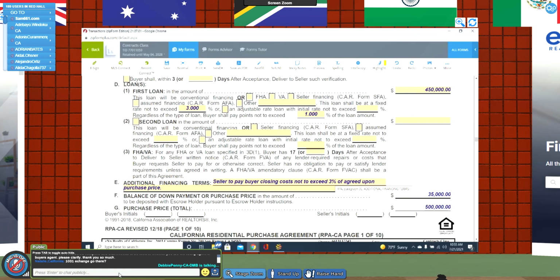Or yes, if it's subject to 1031 exchange, you can write that in as well. Subject to 1031 exchange at no cost to seller. Write that in. Okay, but this is where if you're asking for the seller to pay any buyer closing costs, this is where that goes.